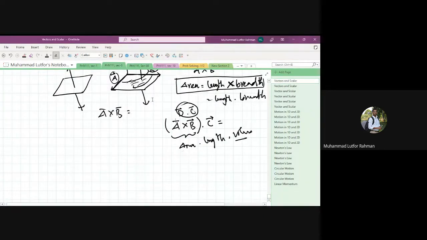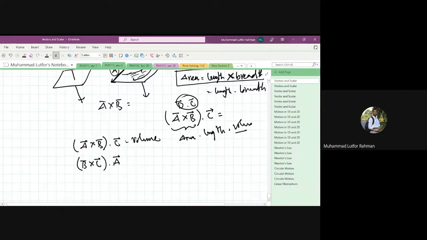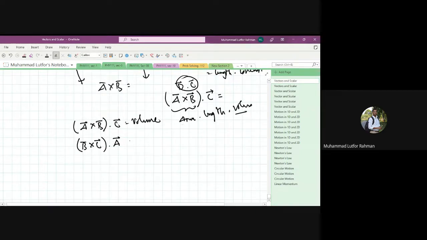If you write A cross B dot C, that will give me the volume of your room. Now, can you tell me what this one would be? B cross C dot A. It's also volume, right?